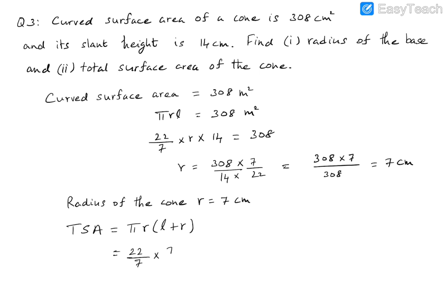The r value we have obtained as 7, and L plus r, L is 14 plus r is 7, so you will get 22/7 into 7, into (14 plus 7, which is 21). 7 and 7 will cancel out, so we will have 22 into 21 as the value for the total surface area of the cone.